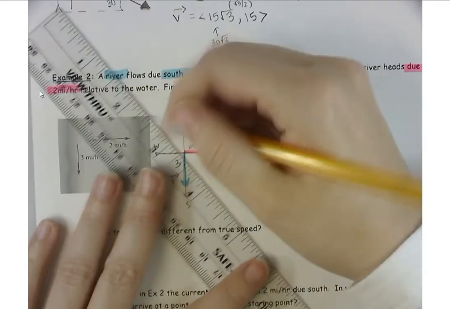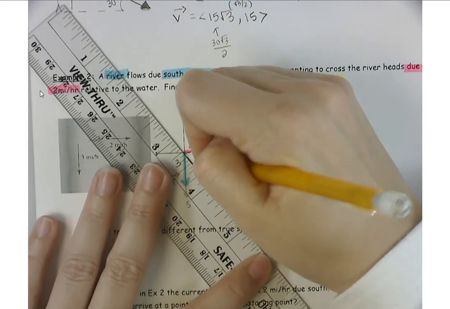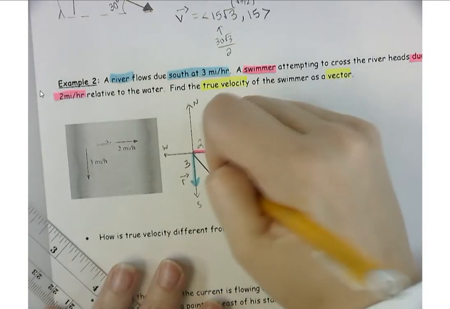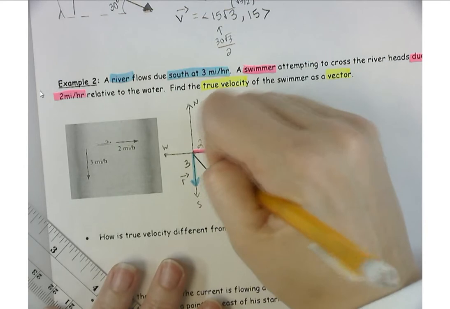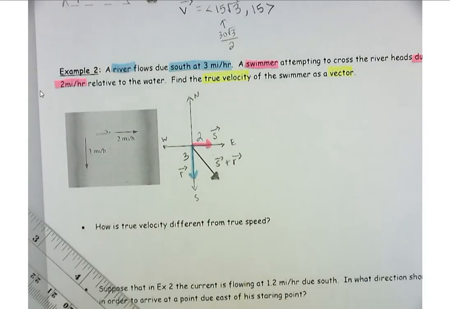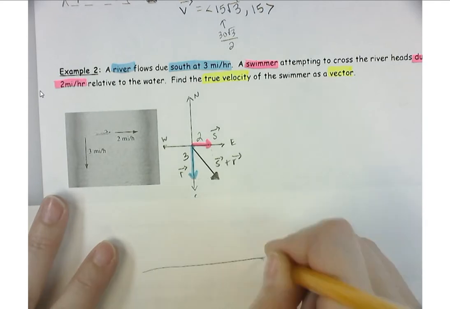So really, this swimmer is going to be headed in this direction. This is going to be the swimmer plus the river. Okay, and that makes sense. So picture this, okay? You're swimming east. This is you, this arrow.